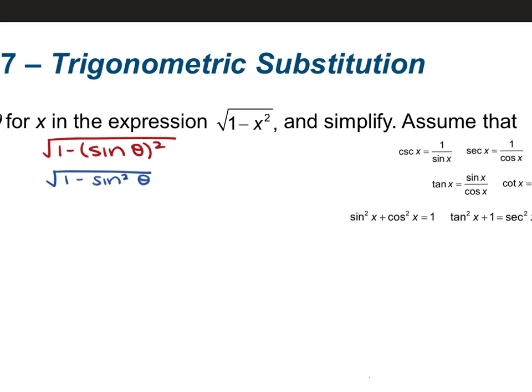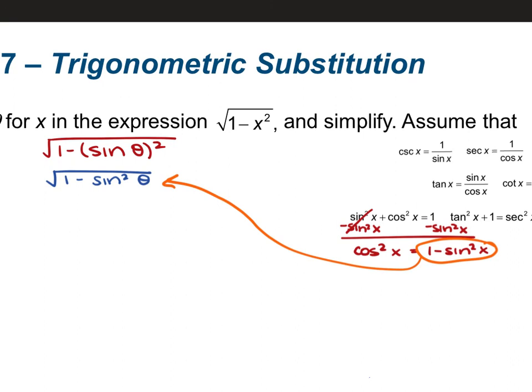You're looking for 1 minus sine squared theta, I'm sorry. So if we subtract this sine squared x from each side, you're going to have cosine squared x is equal to 1 minus sine squared x. So that's the same exact thing that's in that radical.